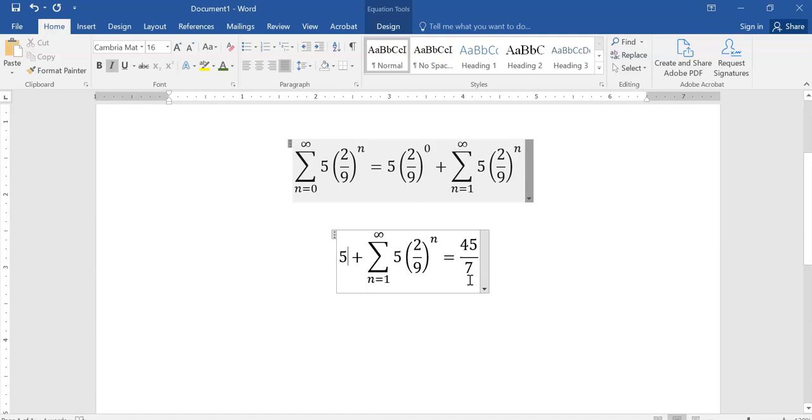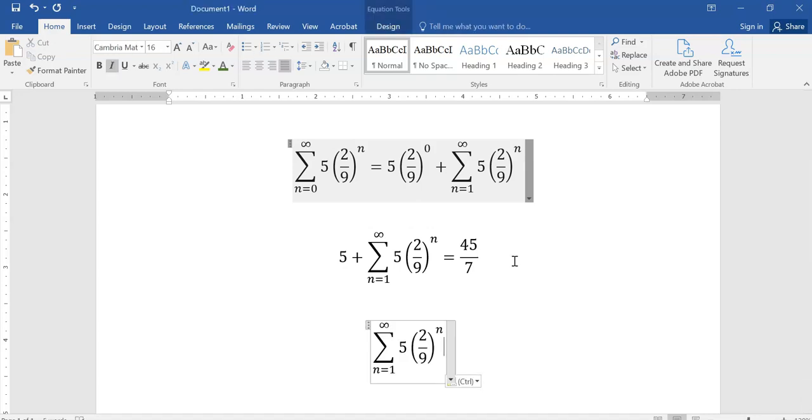Take 45 sevenths, subtract 5, and what you get as an improper fraction is 10 sevenths.